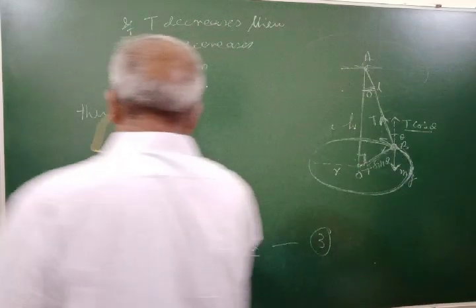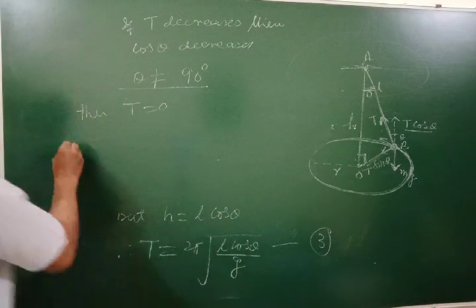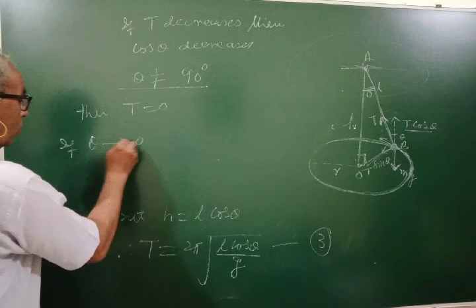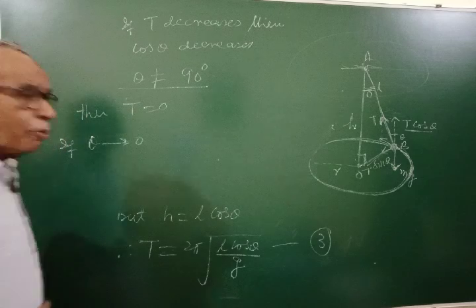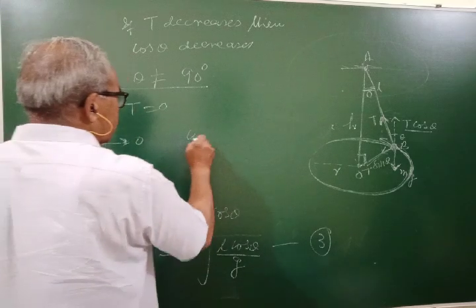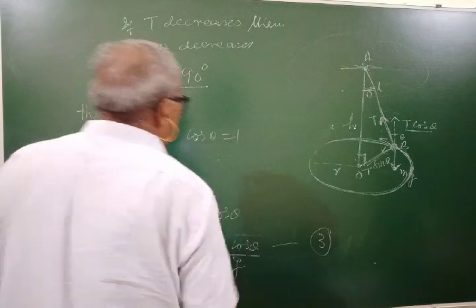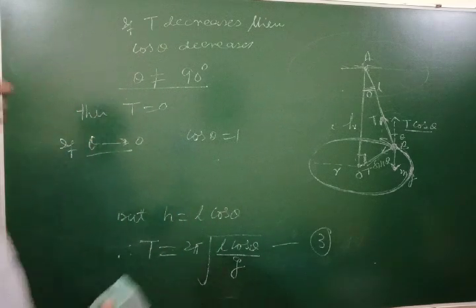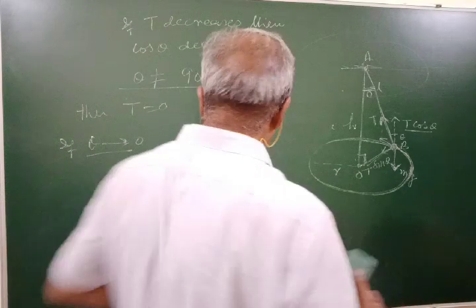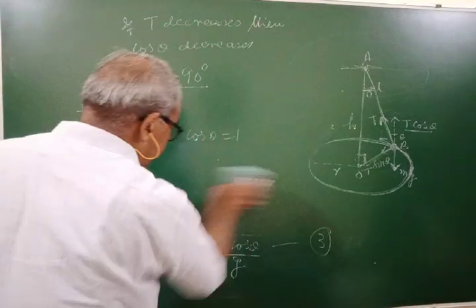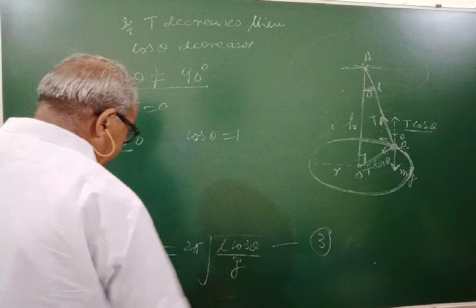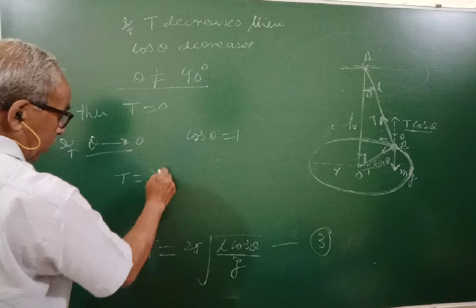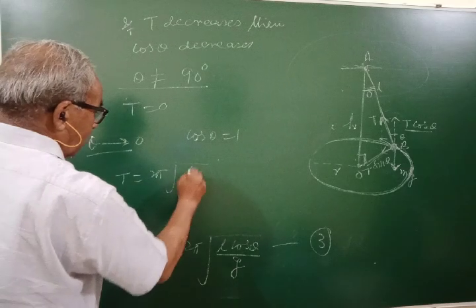Now if theta tends to 0, this approximation that cos theta equal to 1 holds, but this happens up to 10 degree, 10 to 15 degree. That is, theta is less than 10 degree, 0 to 10. Then from this equation, T equal to 2 pi under root L upon g.